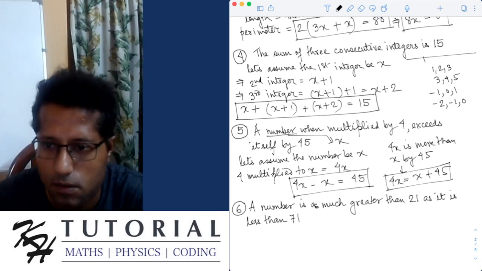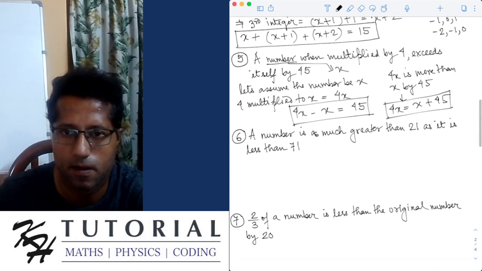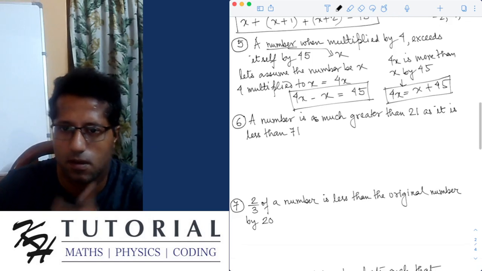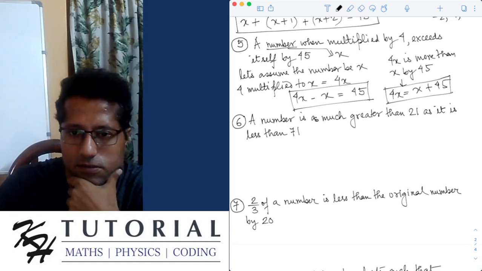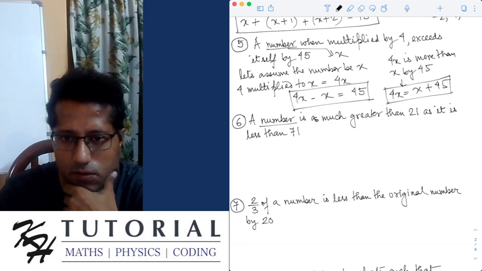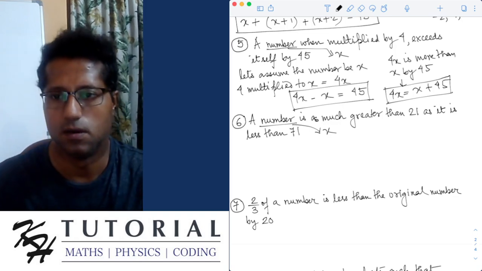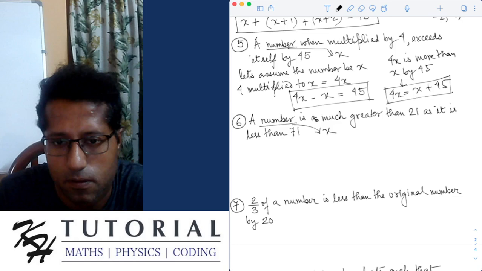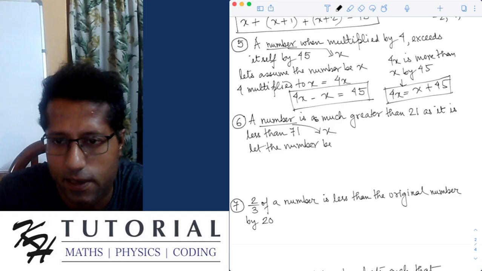Okay, let's do example 6. A number is as much greater than 21 as it is less than 71. So definitely the number is the unknown, we will consider it as x. So let the number be x.